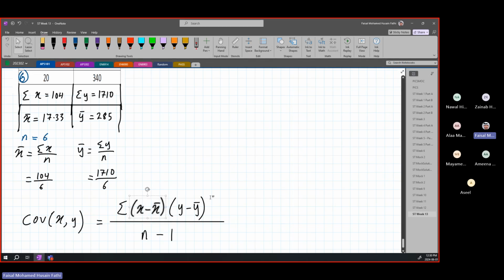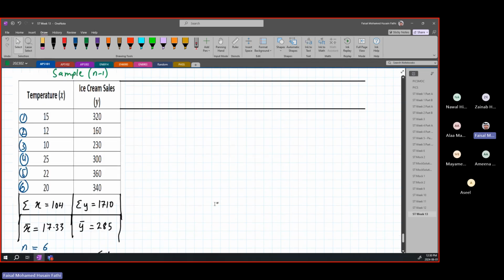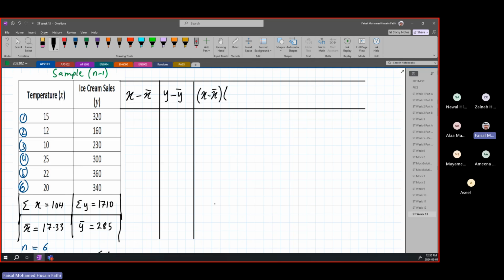We need x minus x bar, we need y minus y bar, and then we're going to have to multiply them into each other. So x minus x bar for the first one, and then we have y minus y bar for the second one, and then we're going to be multiplying them into each other, so it's x minus x bar times y minus y bar, right?